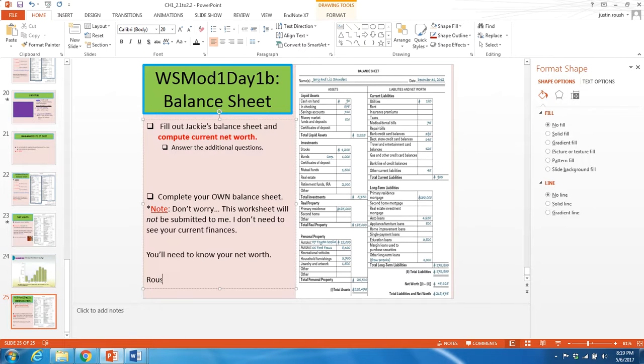So mine will be Roush, your first initial J, underscore workshop Mod1Day1. Whatever the workshop title is. So do this for all of them. Your last name, your first initial, and the title of the workshop when you upload it. So you're going to have one that says 1 and one that says B. Upload them both to the assignments tab.